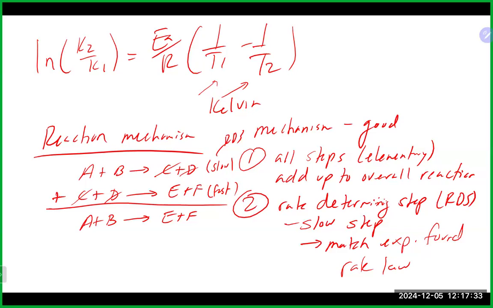The other thing is, if you had an elementary step such as this, and you wanted to write rate laws, this is the only place where you can use the coefficients as the exponents.